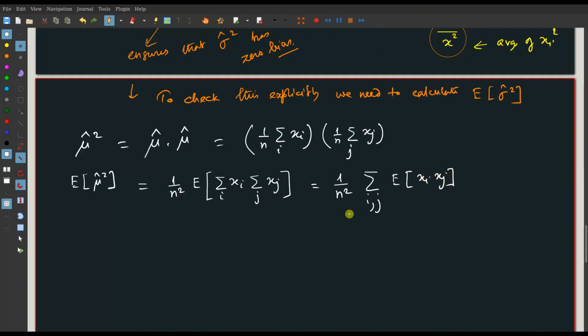Now notice that there are two types of terms. There are two indices i and j. There are terms for i equals j, the diagonal terms, and how many terms are there? There are n such terms.